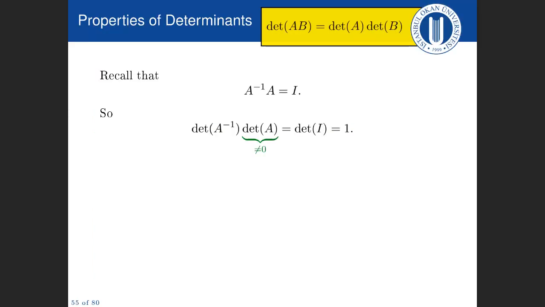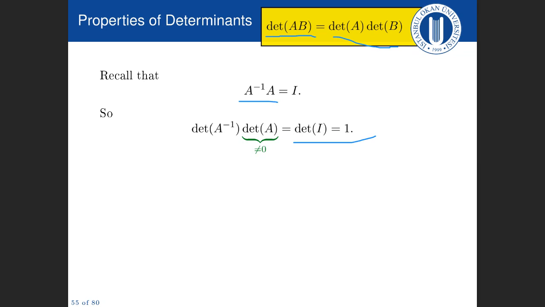Now, recall that A inverse multiplied by A is the identity matrix. And the determinant of the identity matrix is always 1. And using this fact we've just done, the determinant of the product of two matrices is just the product of the determinants.